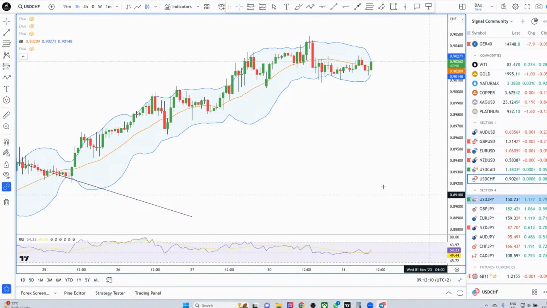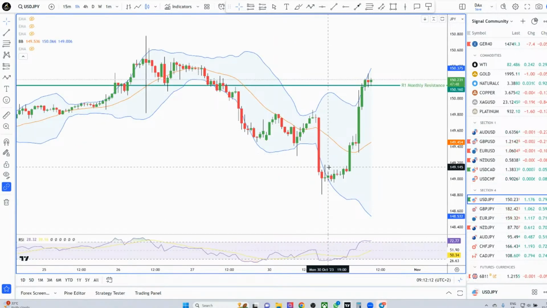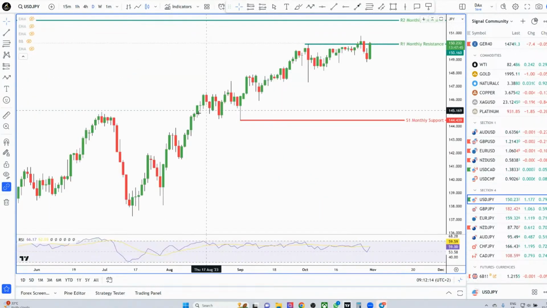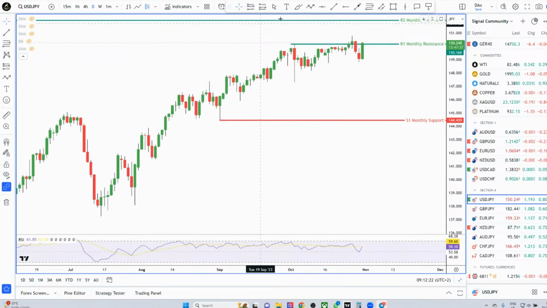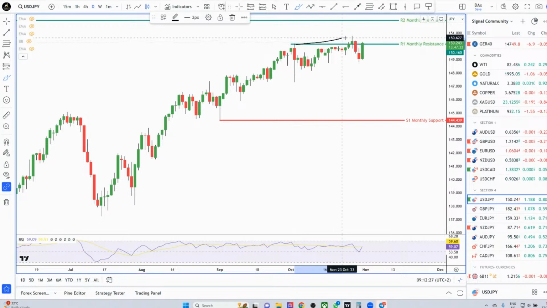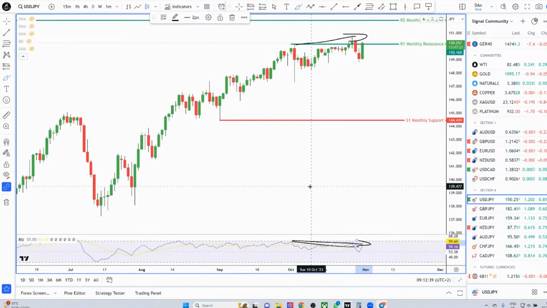USD against the JPY. Today, the Bank of Japan announced interest rates and they kept them unchanged, so the currency didn't really appreciate much. See this one here, guys. Now, price makes a higher high. That's the daily chart. And on the RSI, price makes a lower high. That's called bearish divergence.